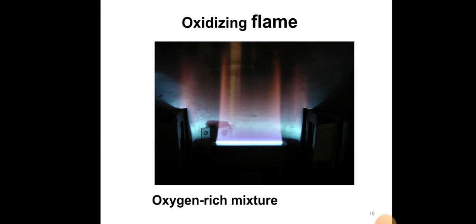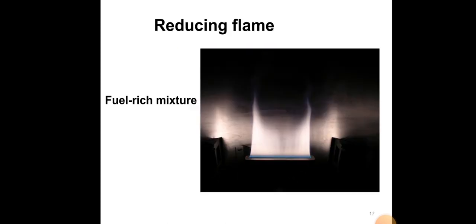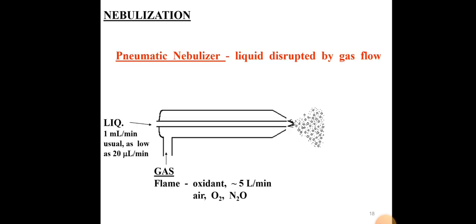Here also you can see an oxygen-rich mixture that has more oxygen and less fuel. That is a hotter flame. But here you can see a fuel-rich mixture with more fuel and less oxygen. This is a flame with a lower temperature.